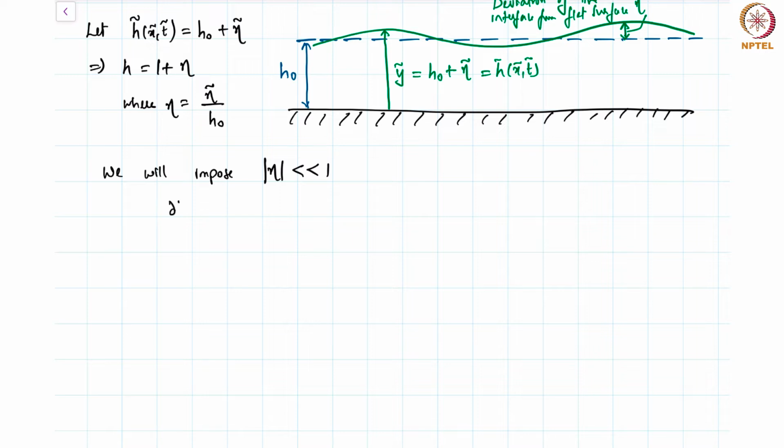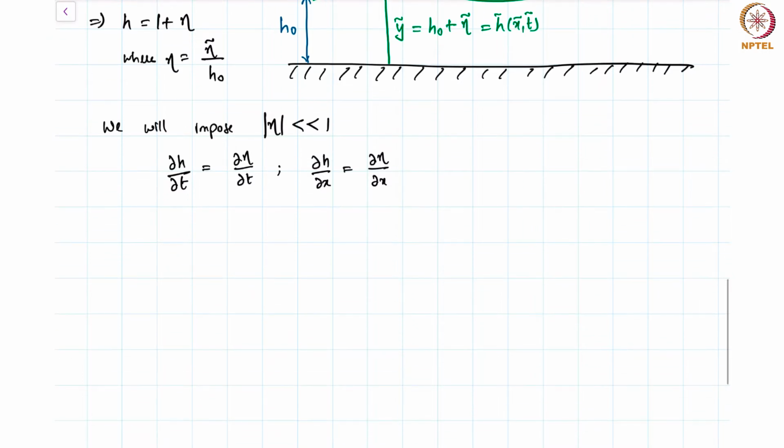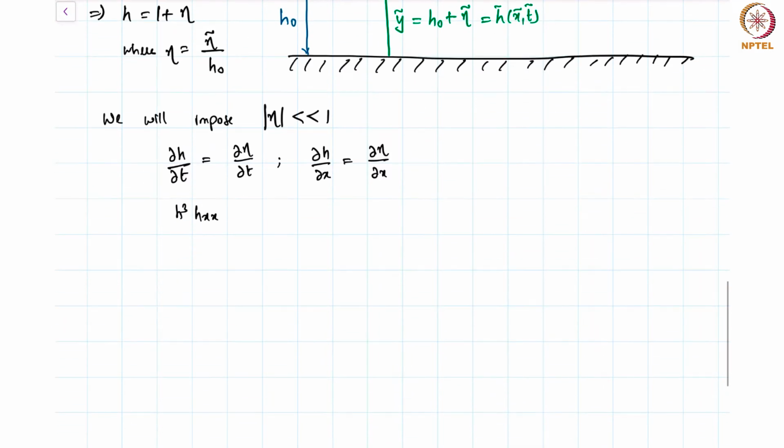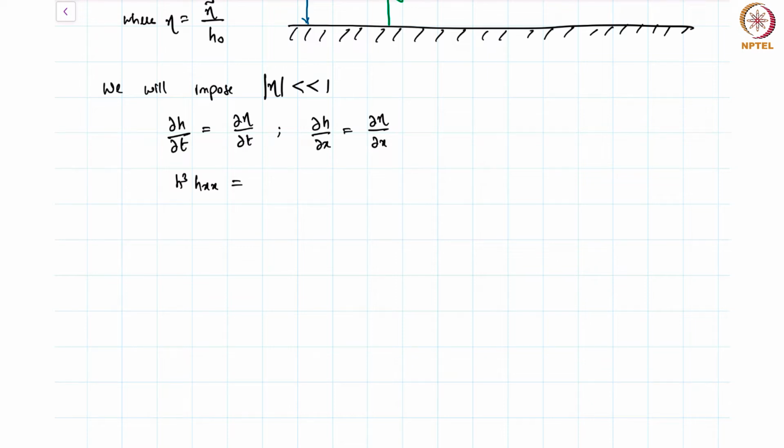So therefore I can say del h by del t essentially becomes del eta by del t, del h by del x essentially becomes del eta by del x. And if we take an example like a term like h cube times hxx, this is basically the first nonlinear term that we have. This term would become 1 plus eta whole cube times hxx.